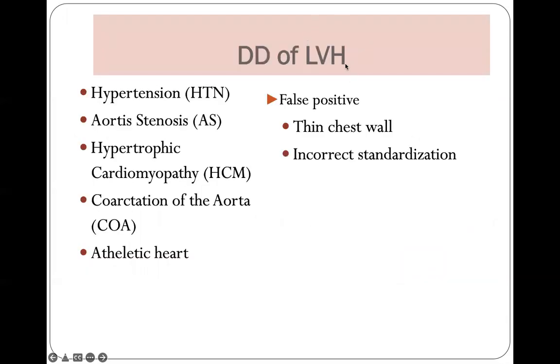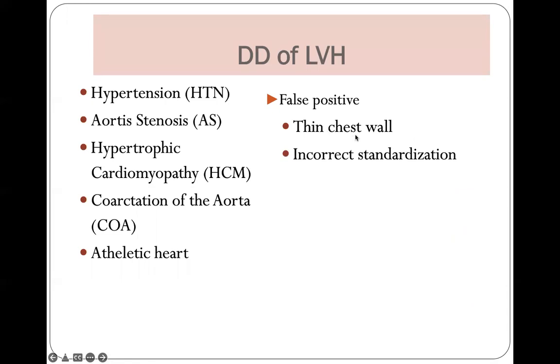And the differential diagnosis of left ventricular hypertrophy: either hypertension or aortic stenosis, hypertrophic cardiomyopathy, presence of aortic coarctation, or an athlete's heart, which causes hypertrophy of the ventricle. But left ventricular hypertrophy criteria in ECG may be false positive. I mean, presence of the criteria with a normal ventricle, no hypertrophy.